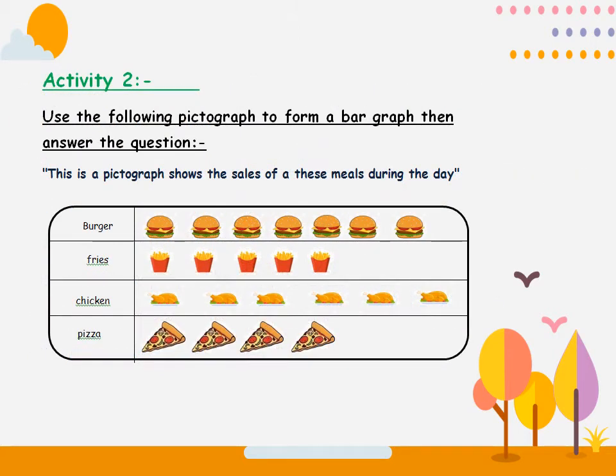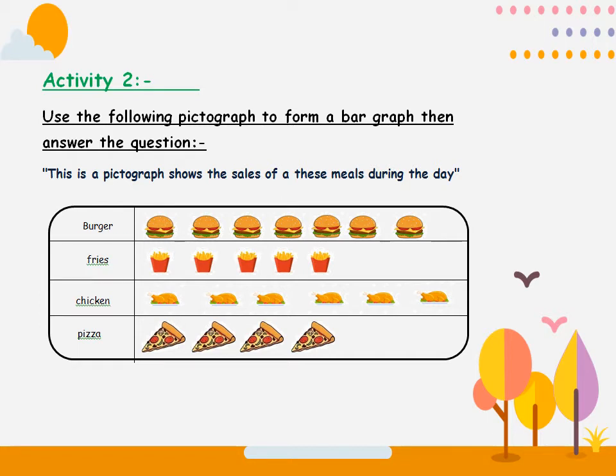Number 2. Use the following pictograph to form a paragraph, then answer the question. So, first, we will make a normal graph from this pictograph. This pictograph shows the sales of these meals during a day: burger, fries, chicken, and pizza.